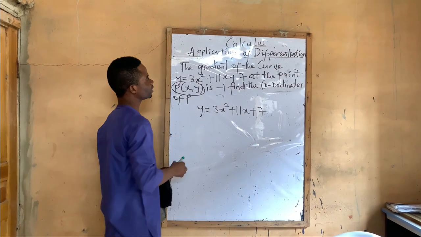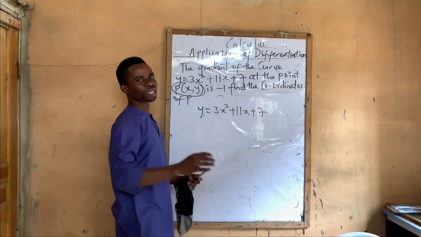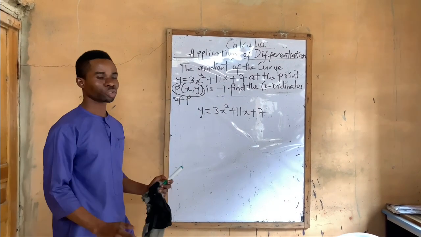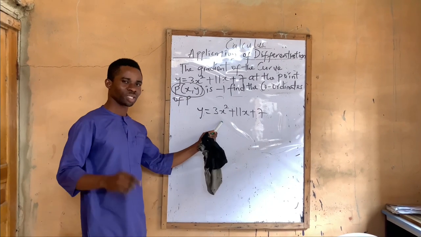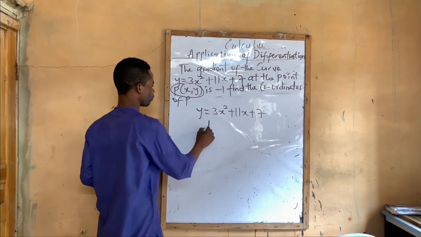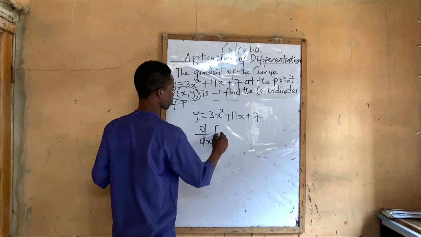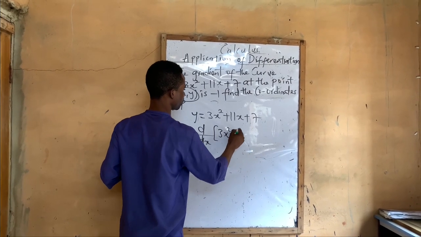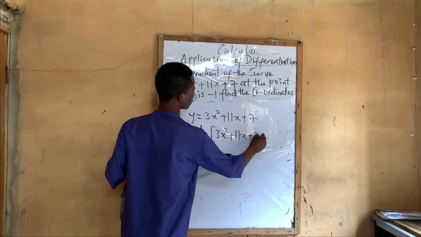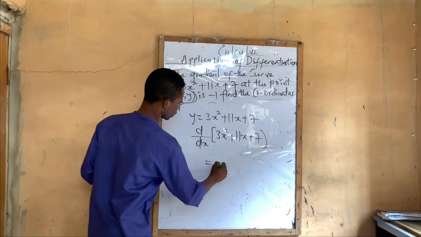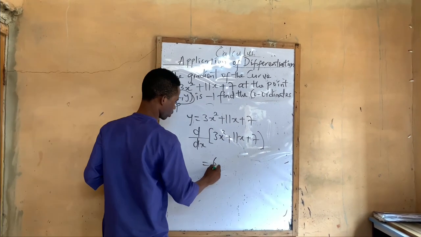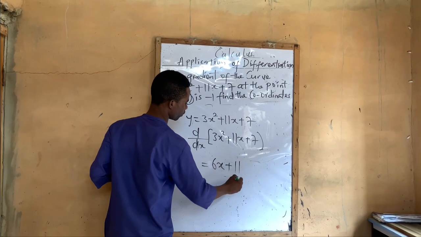Anytime you hear gradient in the application of differentiation in calculus, it means dy/dx. That means I'm going to differentiate 3x squared plus 11x plus 7. The differentiation of this is 6x plus 11.